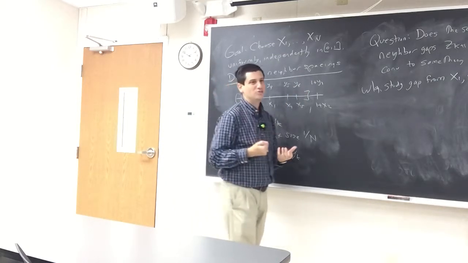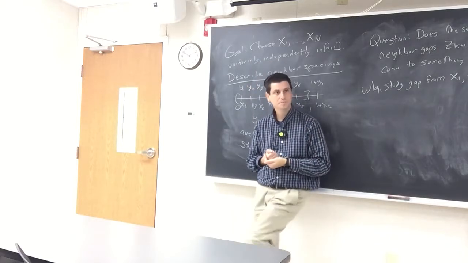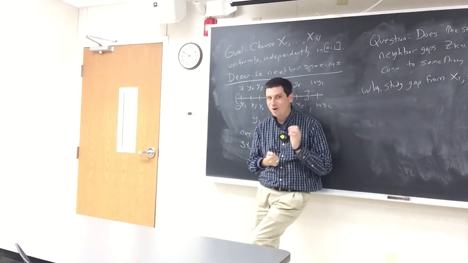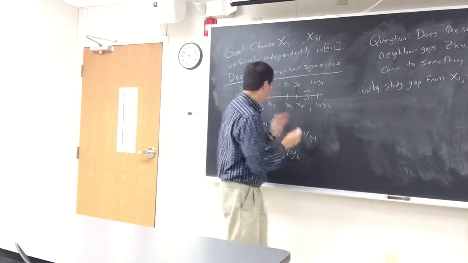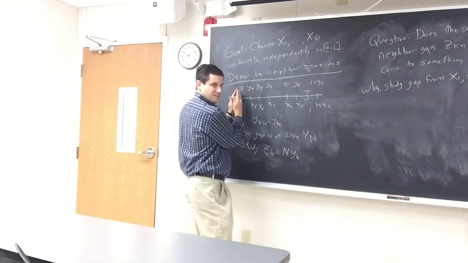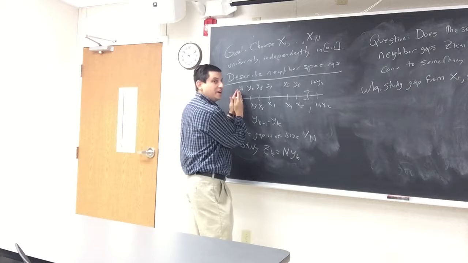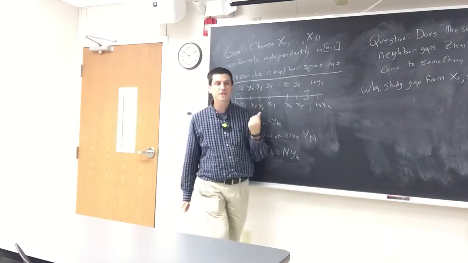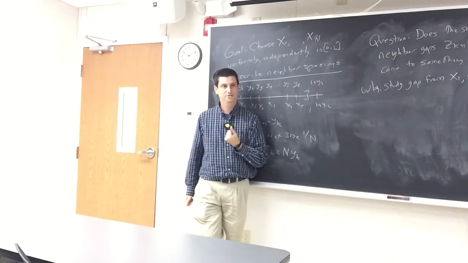In the limit, is one extra gap going to make much of a difference? So almost surely no. Is it possible that all of my numbers are clustered over here? Yes. Extremely unlikely. But imagine all of my numbers of size like 1 over e to the n squared.